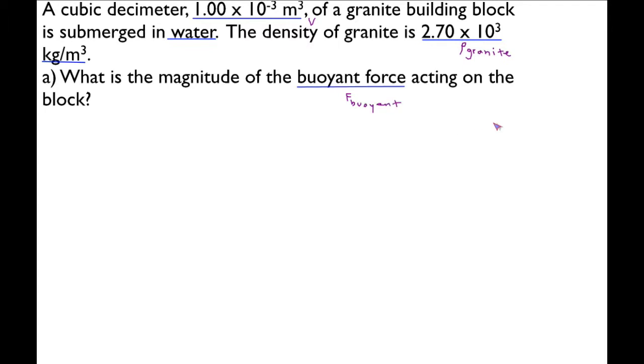Okay, so I'm going to write what I know. I know that my volume is 1 times 10 to the negative 3 meters cubed. I know that the density of my object is 2.7 times 10 to the 3.